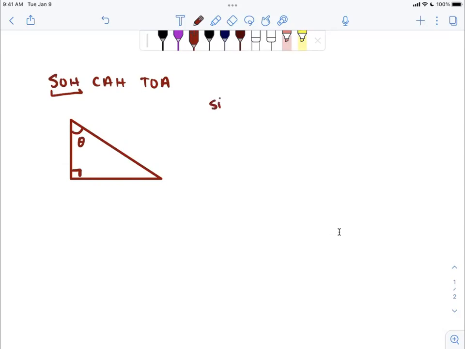So sine theta is going to be, let's call the sides A, B, and C. Then the opposite side to theta is B, and the hypotenuse is C. So sine theta is B over C.